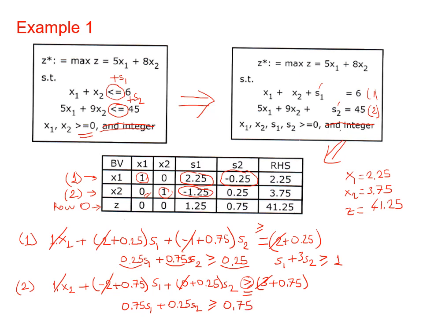Again, you can simplify this by multiplying with suitable coefficients, with 4 basically. You can say that 3 S1 plus S2 is greater than or equal to 3. So we now have these two cuts. In the following, I will sketch the feasible region of this problem and try to demonstrate these cuts in the feasible region.